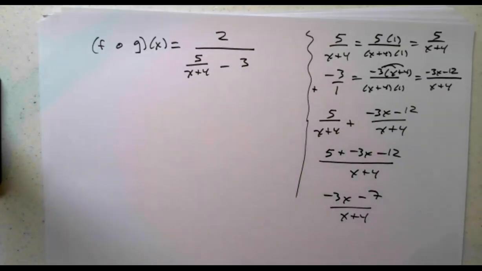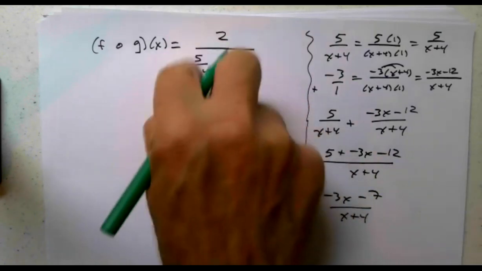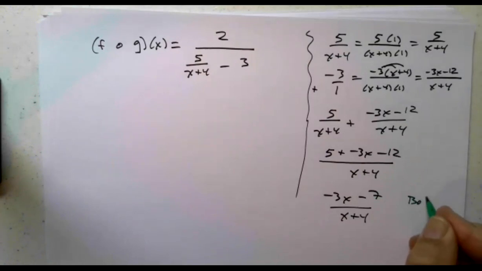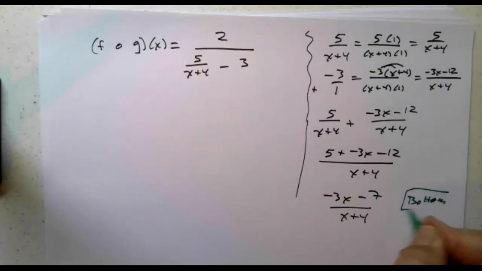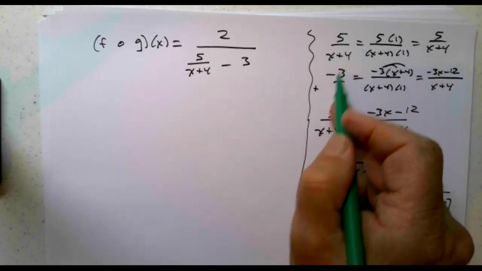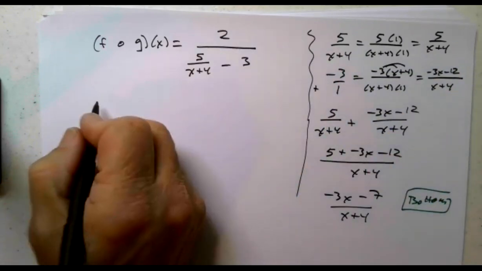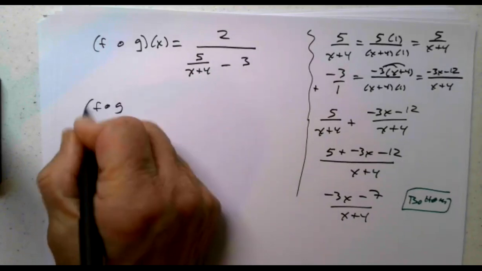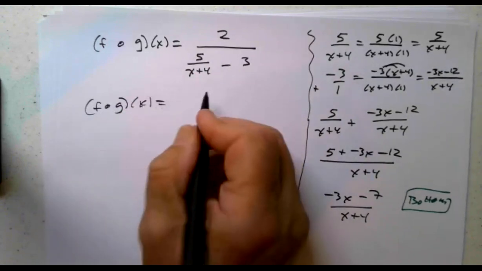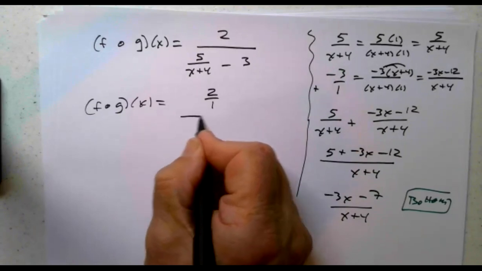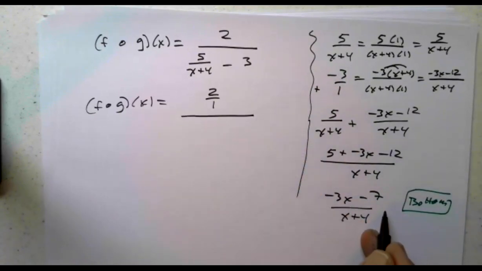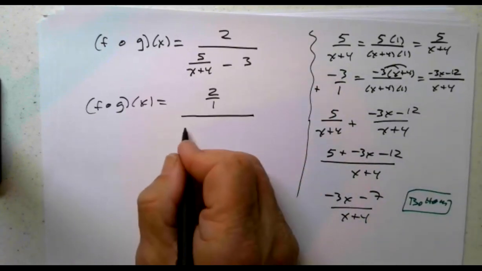So that's the bottom. Remember, this is the denominator of this big fraction up here. So this is the bottom. This is 5 over x plus 4 plus negative 3 over 1. So currently my f circle g of x is, the top is 2, which I'm going to call 2 over 1. The bottom is what I just simplified, negative 3x minus 7 over x plus 4.